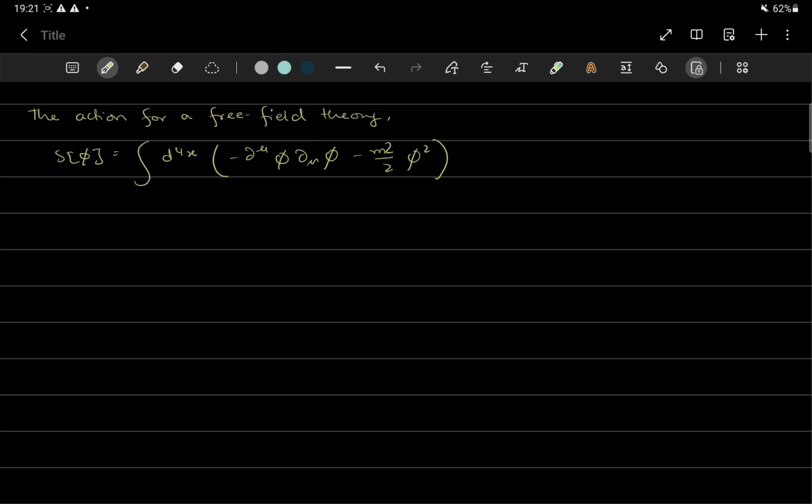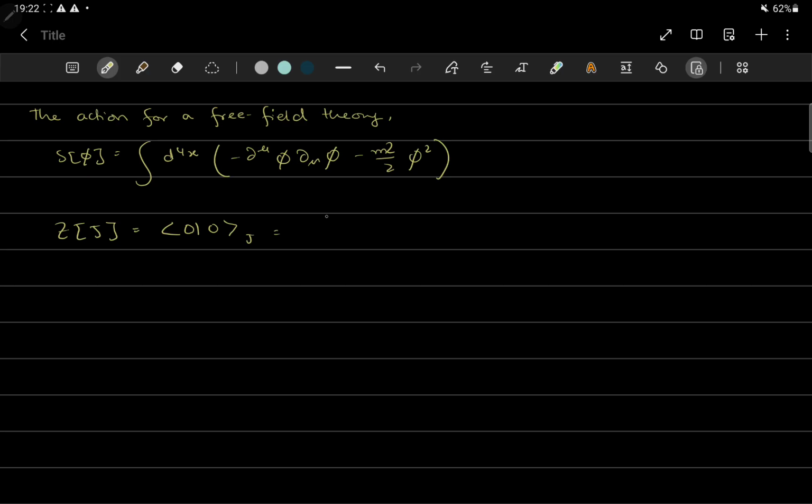But what we would like to do is evaluate the path integrals for an interacting field theory. Therefore I write the generating functional, which we know we can write as the following expression.